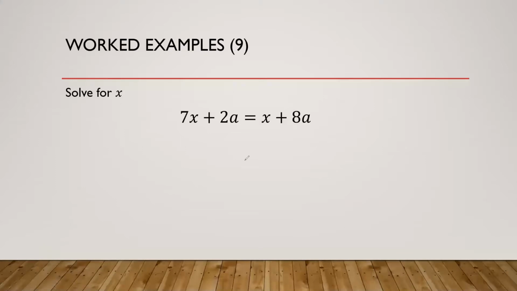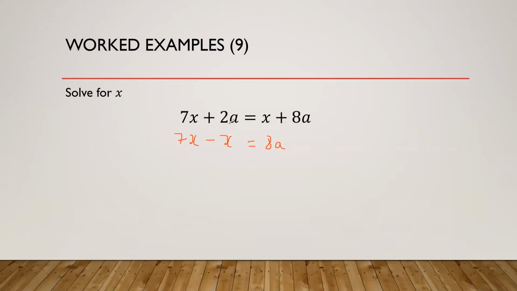We do exactly the same thing as before. All the terms in X go to one side and everything else goes to the other side. So I've got 7X on this side. X goes to the left-hand side and becomes minus X. 8A stays on the right-hand side.